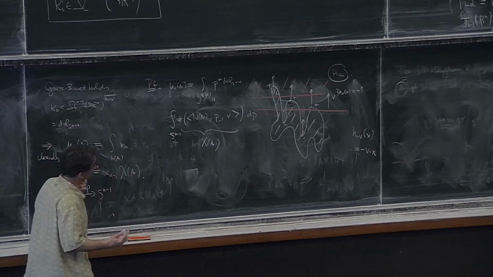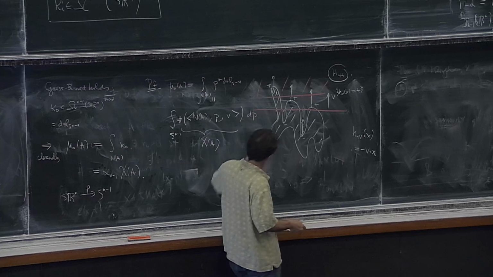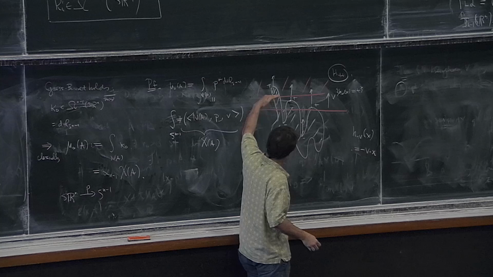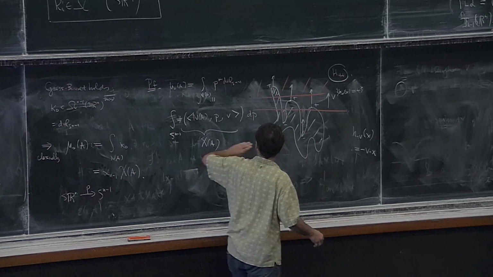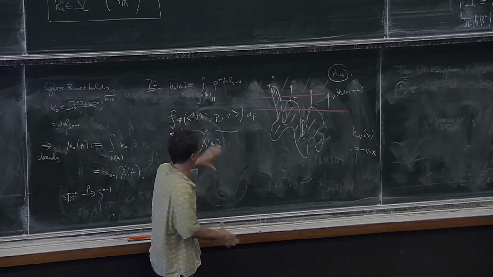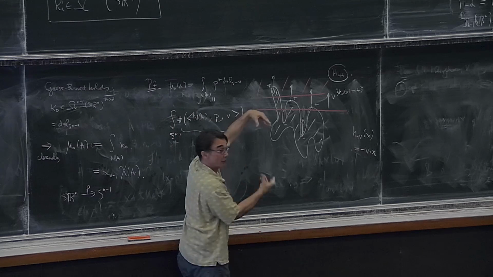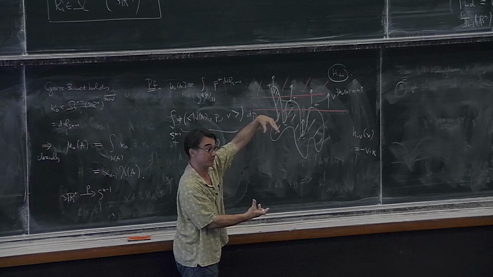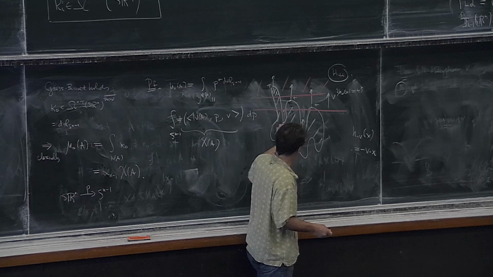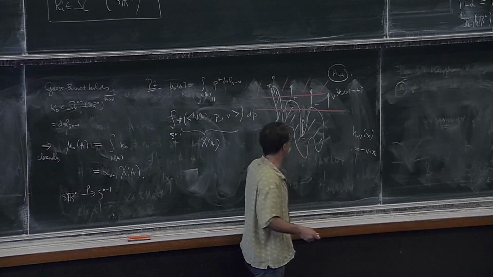What I want to do here is pull this identity apart a little. I want to look at the individual terms and see what they mean. As I say, 1 plus 1 plus 1 minus 2 minus 1 minus 1 is 1.